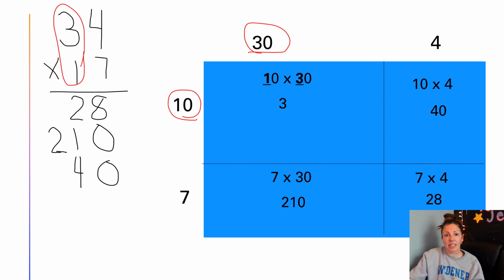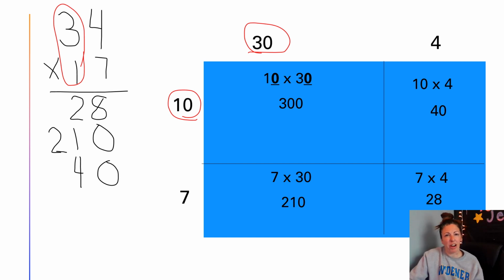Then I'm going to put my attention on the zeros in my factors. 10 has 1 zero, 30 has 1 zero. So there are 2 zeros in my factors that I'm going to bring down into my product. So I'm going to add 2 zeros after my 3, which gives me 300.